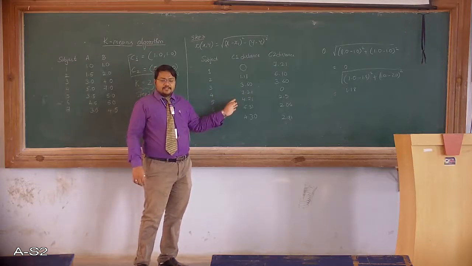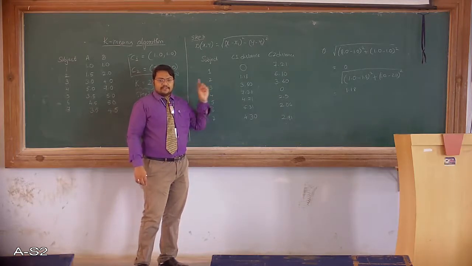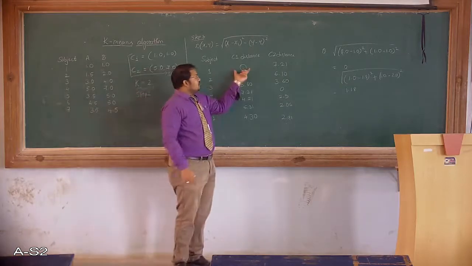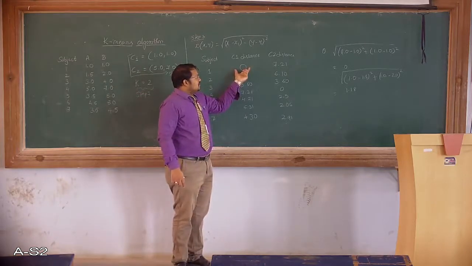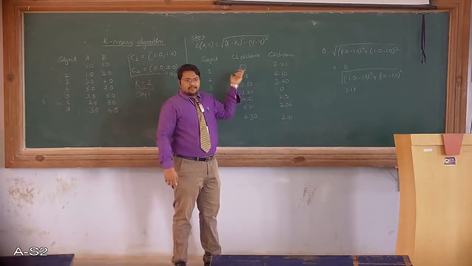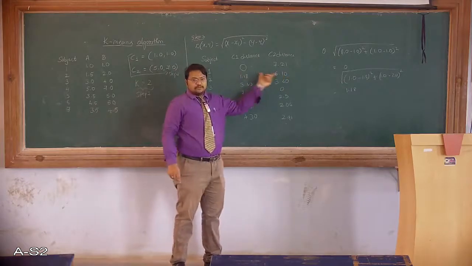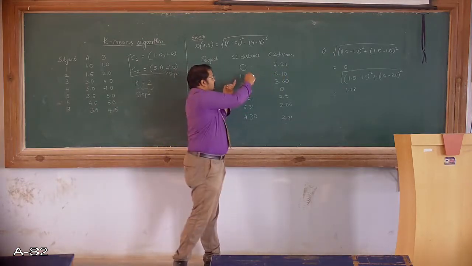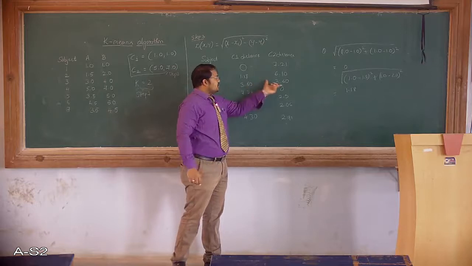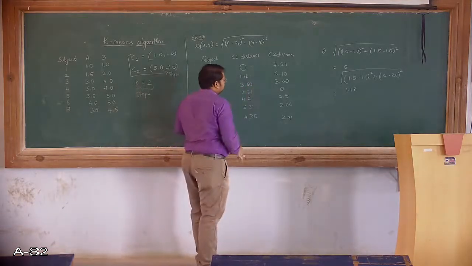Whichever cluster has the smaller value, we assign the values to that cluster. So which is smaller in C1 distance and C2 distance? It is 0. In 1.18 and 6.10, 1.18 is the smaller. In 3.60 and 3.60, 3.60 is the smaller.